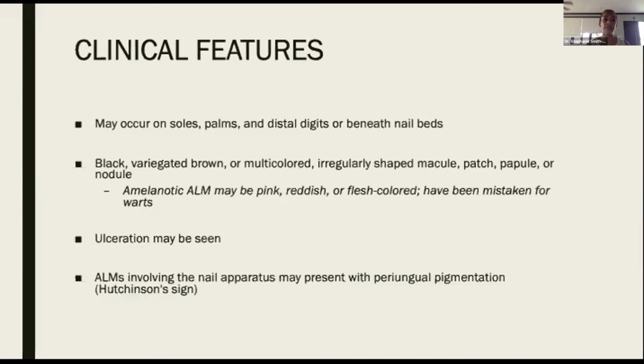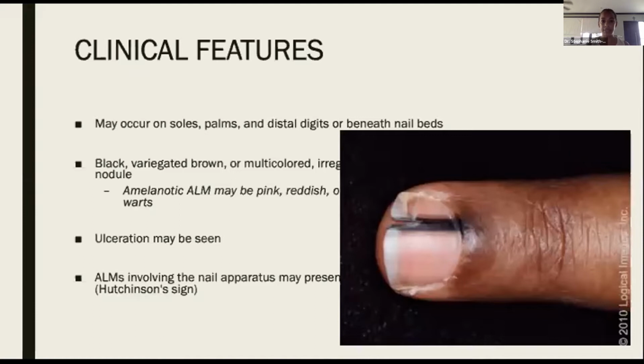And one of the features of these acral lentiginous melanomas involving the nail apparatus is that they may present with periungual pigmentation. And this is known as the Hutchinson sign. So what you'll see is that you have a longitudinal band of dark brown to black pigment, but there is periungual extension of the brown to black pigmentation onto the proximal nail fold.